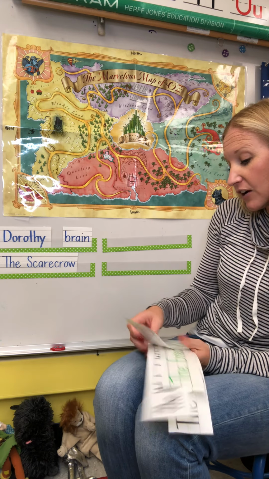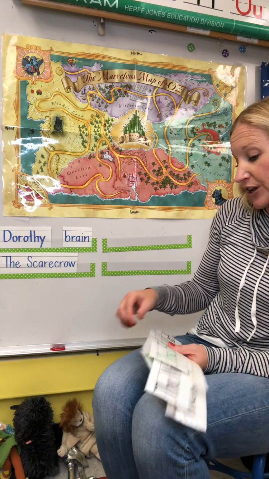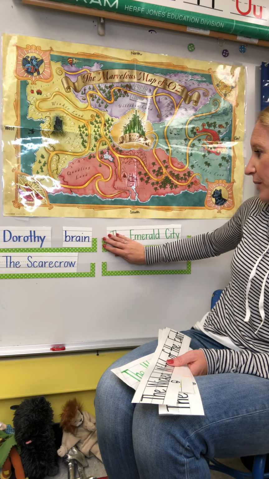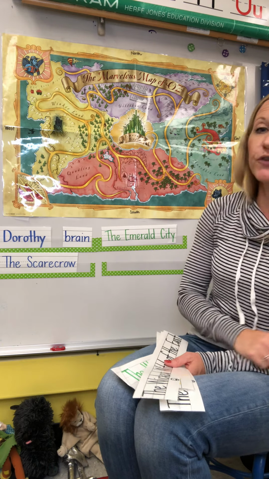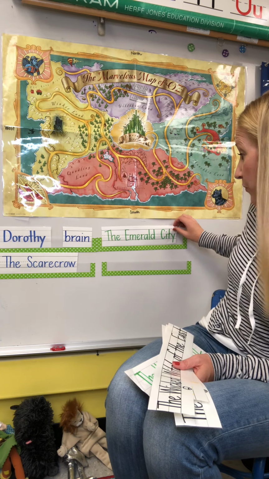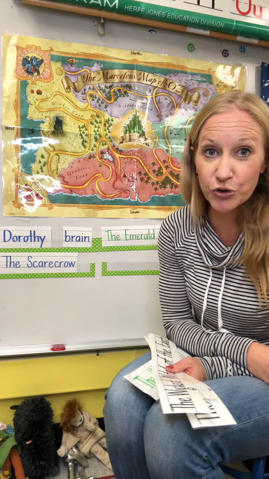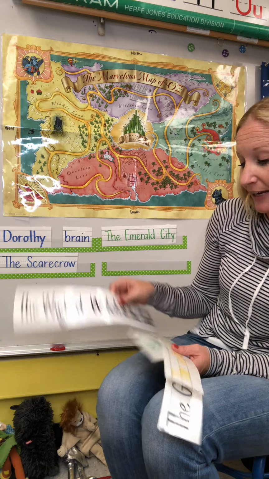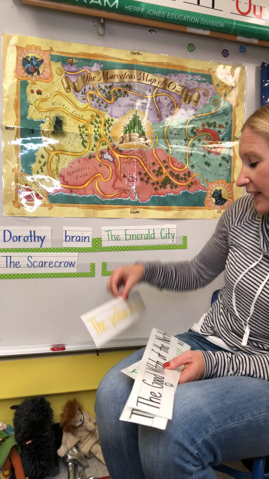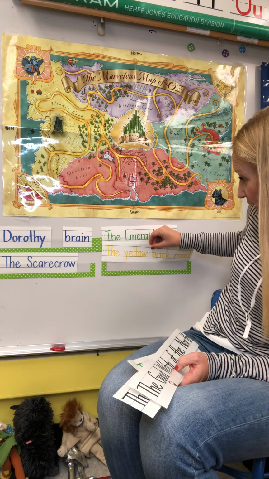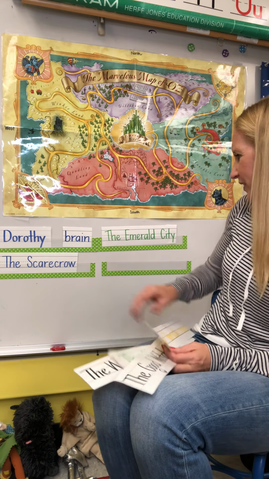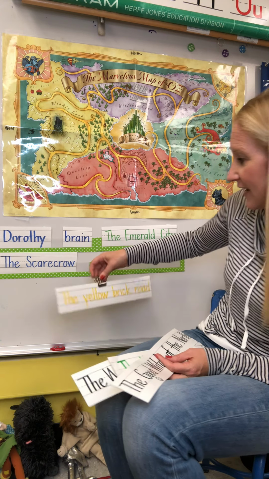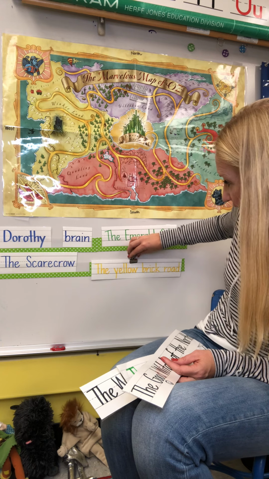And here are some other words we might want to know. They're headed to the Emerald City, which I put in green. And I don't know if you've ever seen an emerald before. You might want to look it up. It sort of looks like a green diamond. It's as sparkly as a diamond, but it's green. And the way they are going there is on the road of yellow brick. And I believe I'm going to have to get some tape because I don't believe that this word will fit in there.